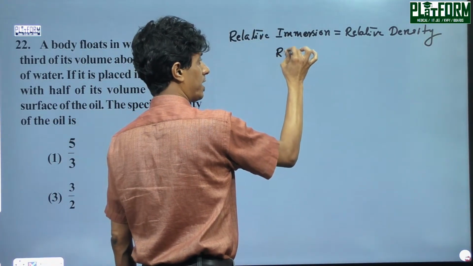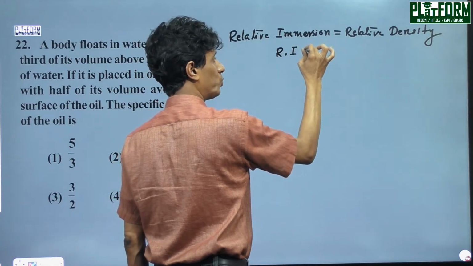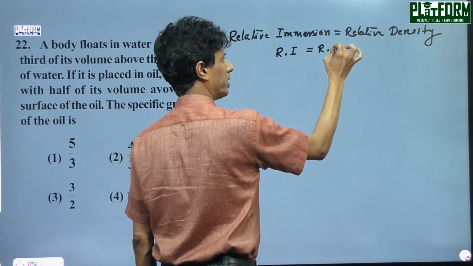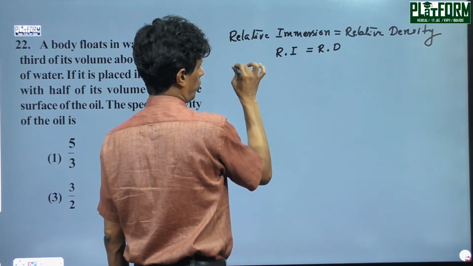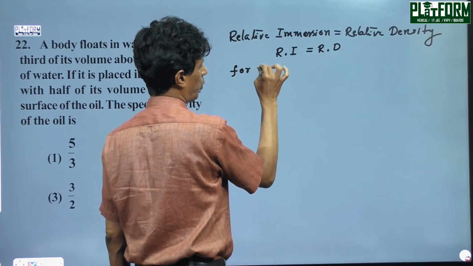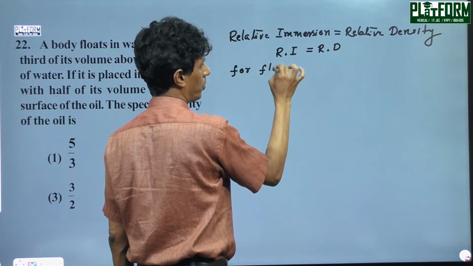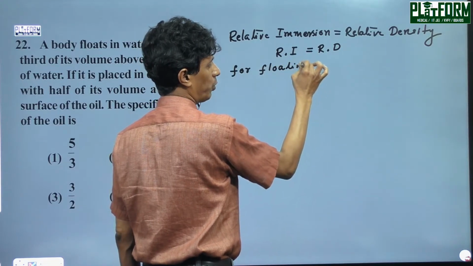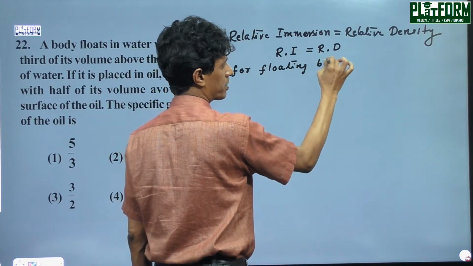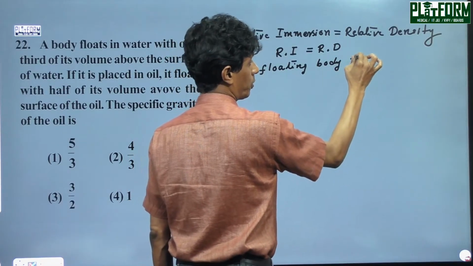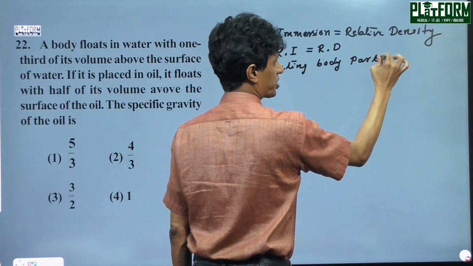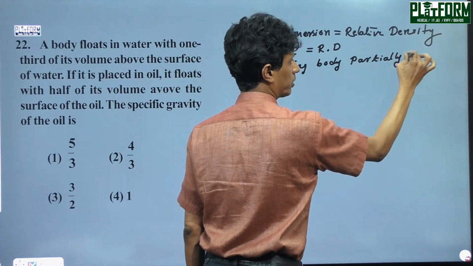Simply we can say Ri equal to Rd for any floating body partially immersed.